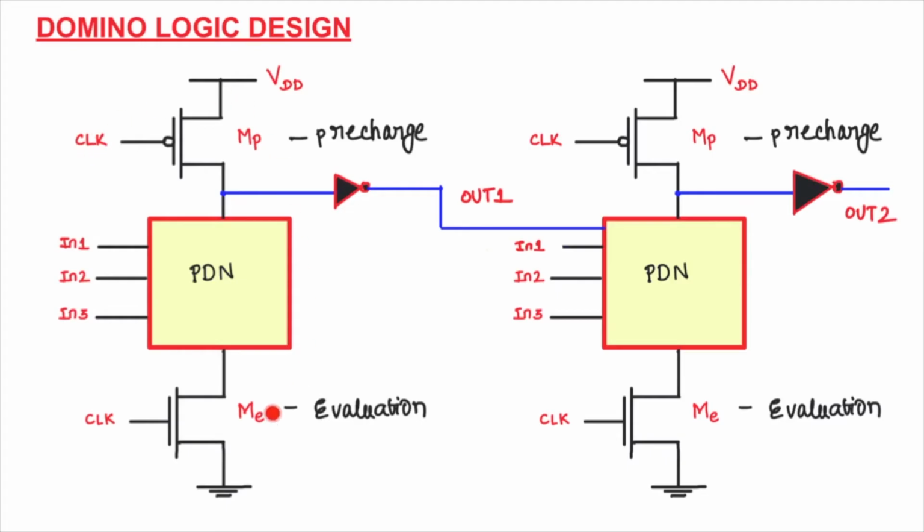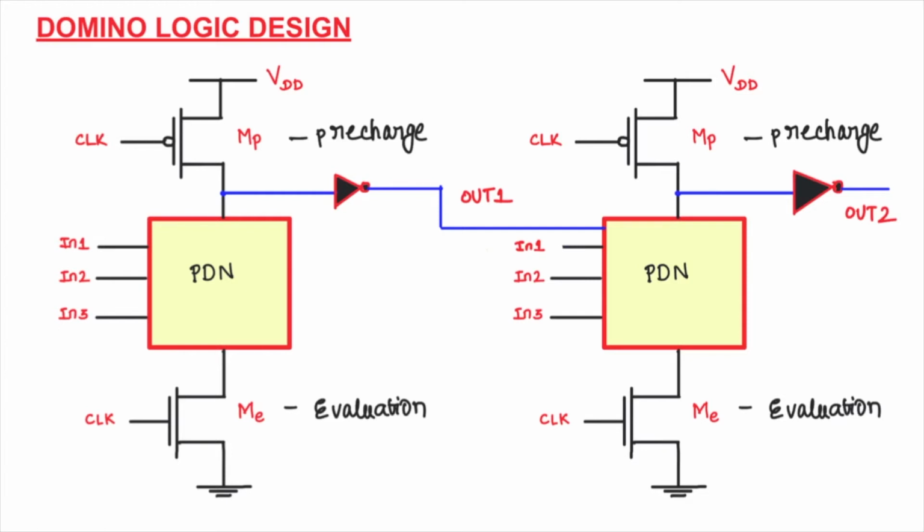So this is the first dynamic logic block. At the end of it, you will have a static CMOS inverter, and similarly if we cascade n number of dynamic logics like this, we can extend. Here we have shown only 2 cascades of dynamic logic. At the end of each dynamic logic design, we will use a static CMOS inverter. This dynamic design along with the static CMOS inverter paired together, we call domino logic.